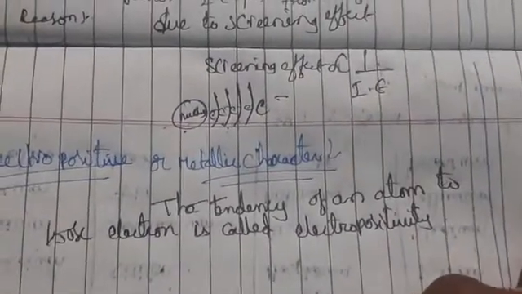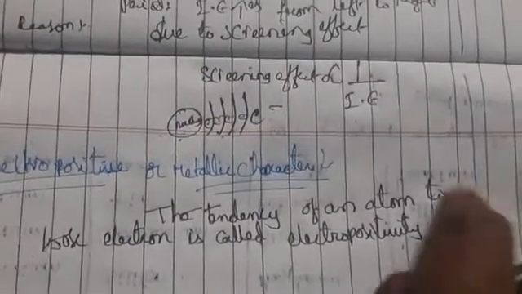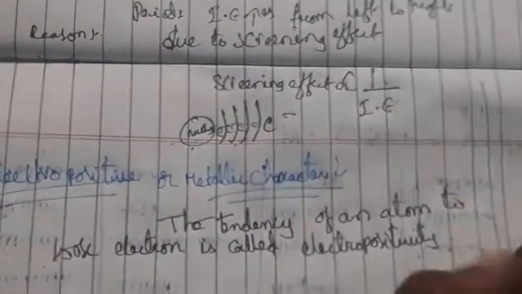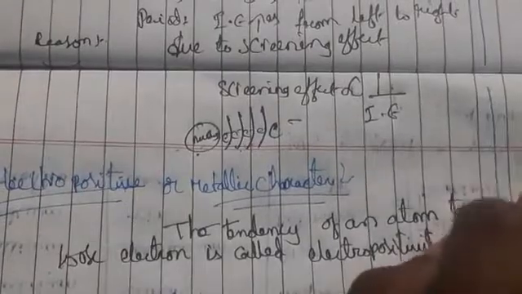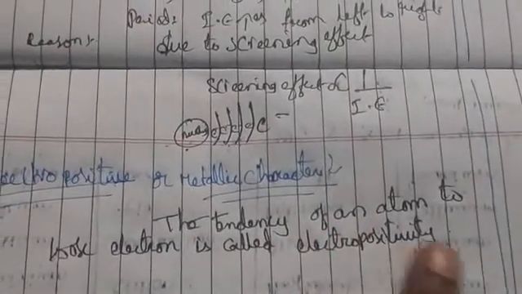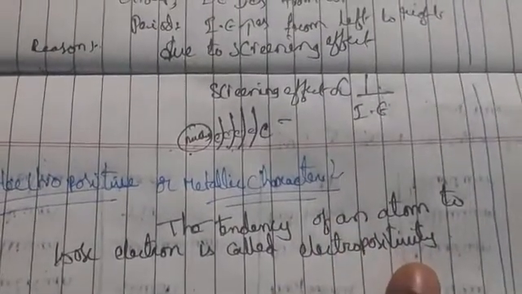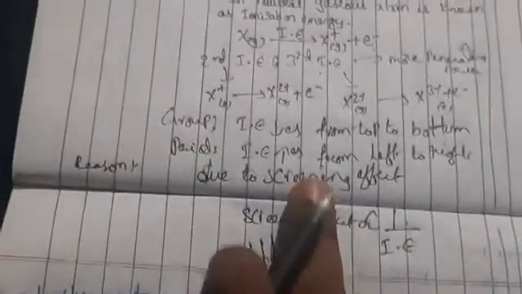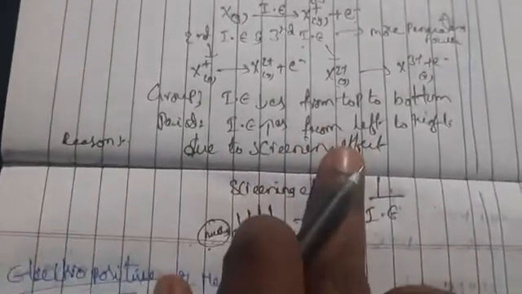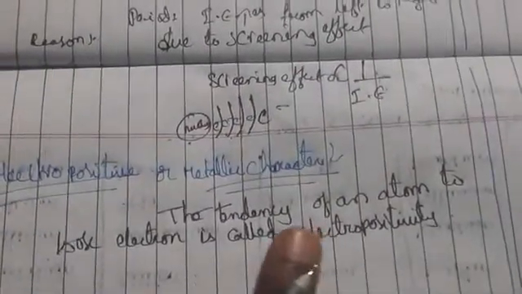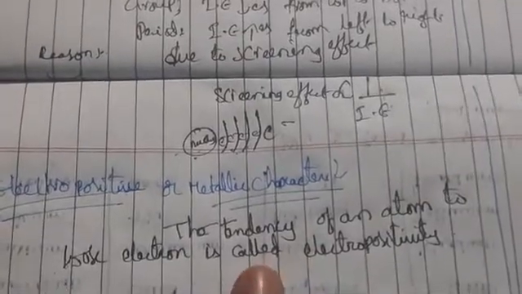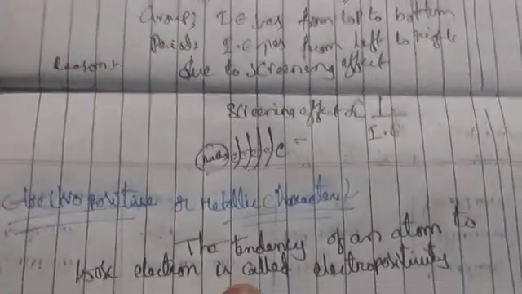An electropositive element should have metallic character also. Electropositivity is when the atom loses an electron by itself. Energy is applied to remove an electron, but here the atom loses it itself; we call this electropositivity or metallic nature.